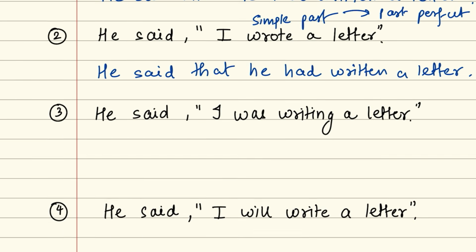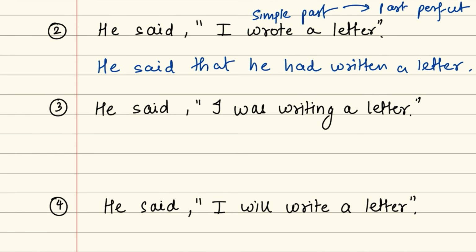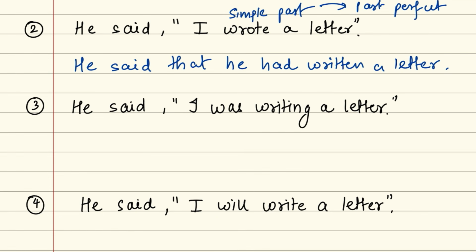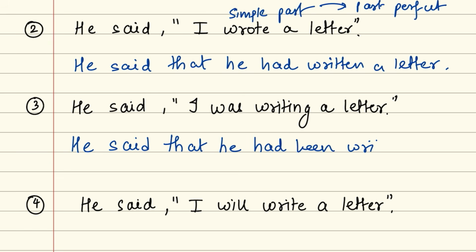Moving on to the next question. He said, I was writing a letter. Since this is past continuous, we'll be changing this into past perfect continuous. So the answer here will be, he said that he had been writing a letter.